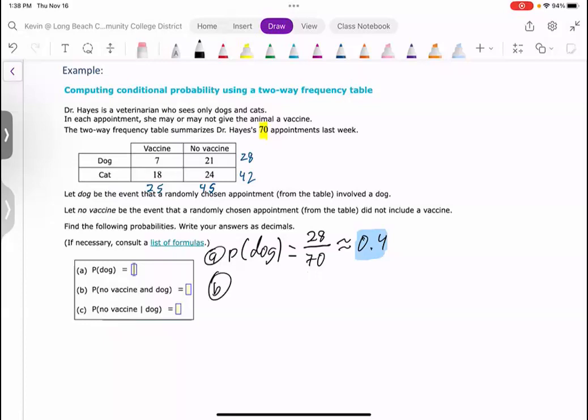Part B. The probability no vaccine and a dog. So we're looking at both. So no vaccine and it's a dog. Well, again, my denominator is 70. No vaccinated dogs, I'm seeing that there's only 21.